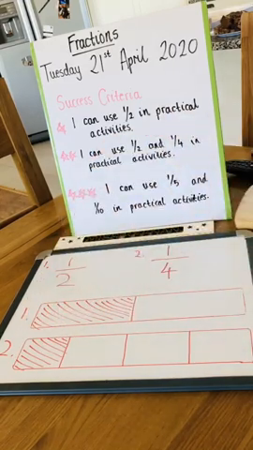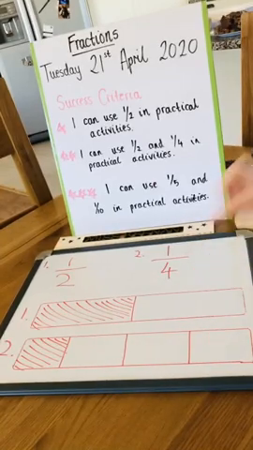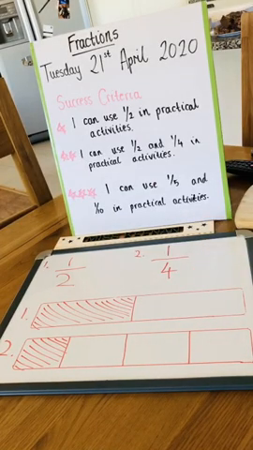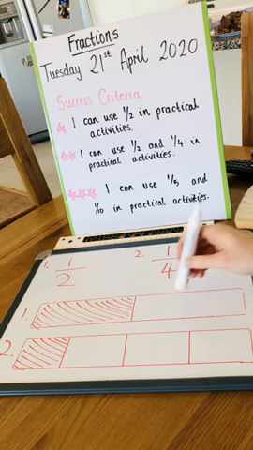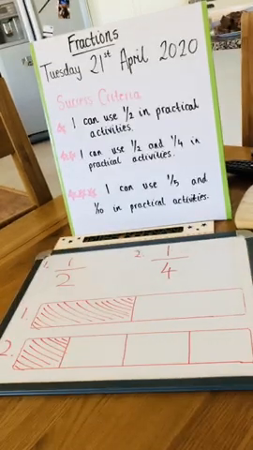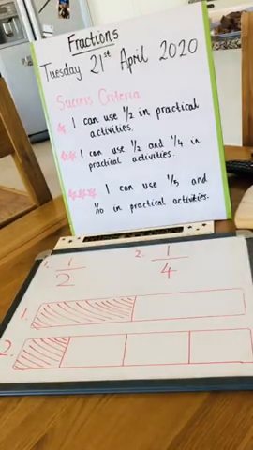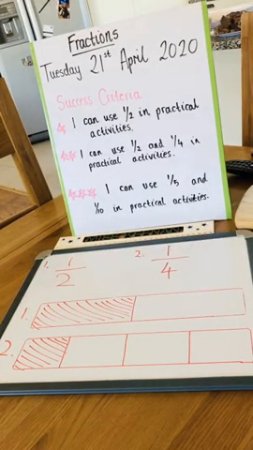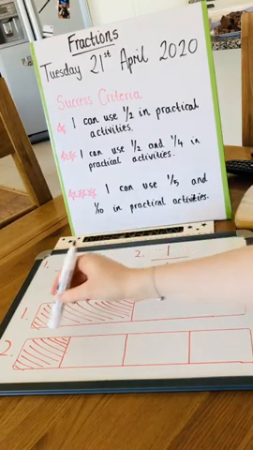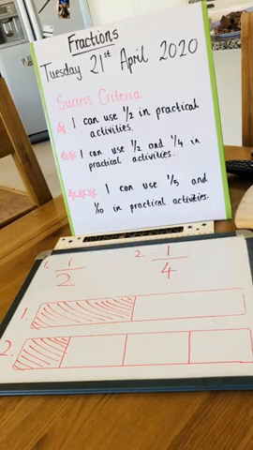Okay, so then we have a half here and a quarter here. Now I would like you to take a couple of seconds to think about where there might be some similarities between half and quarter and how we worked it out. And what would happen if we shaded in 2 of the quarters? I'll just give you a wee minute to think.